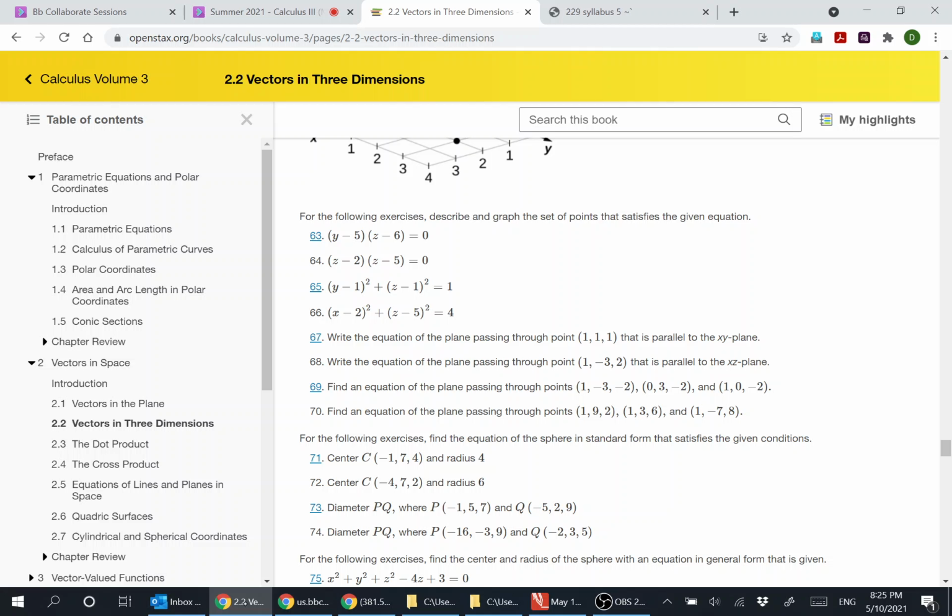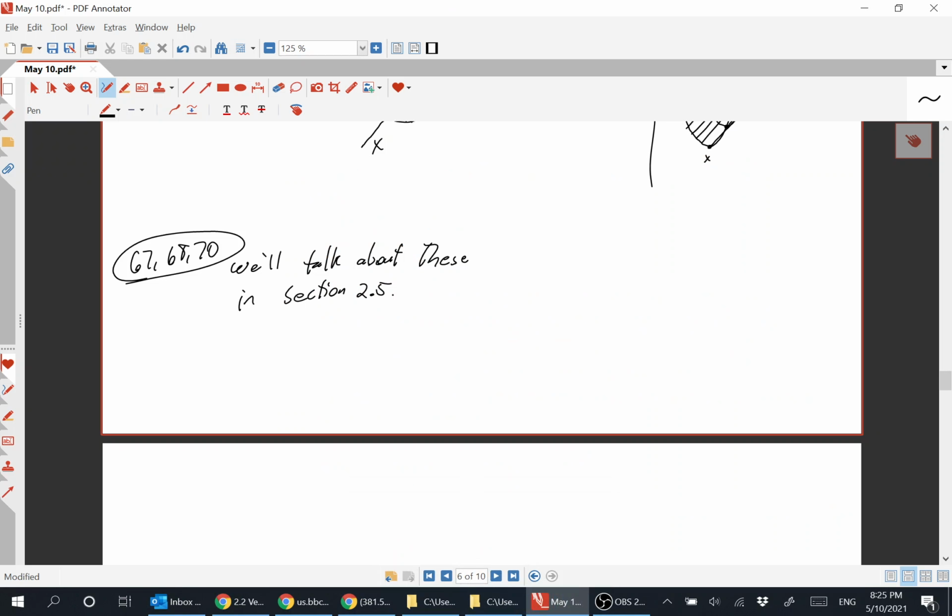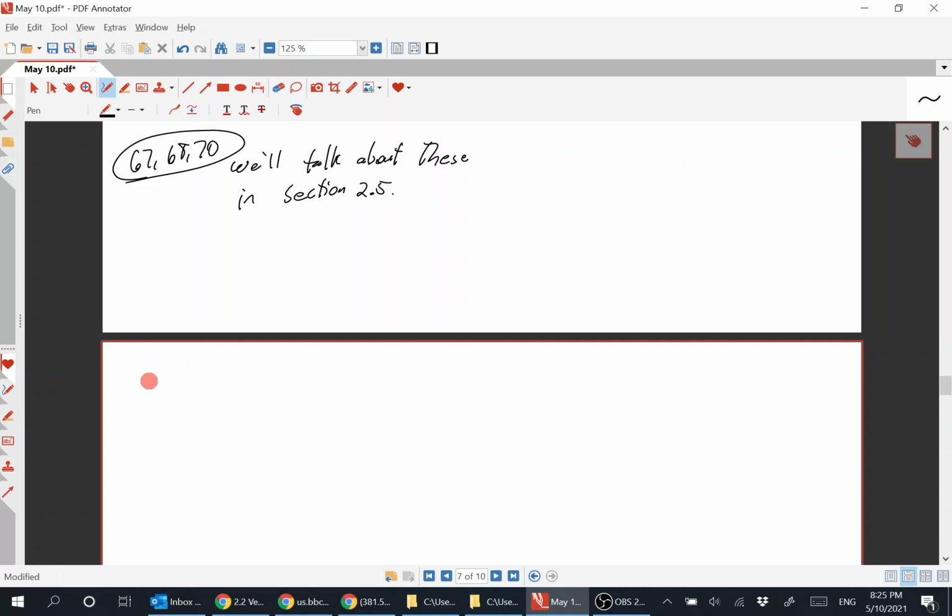73. Find the equation of the sphere in standard form that satisfies the given conditions. You have a diameter PQ where P is this point, Q is that point. So how do you draw a sphere?